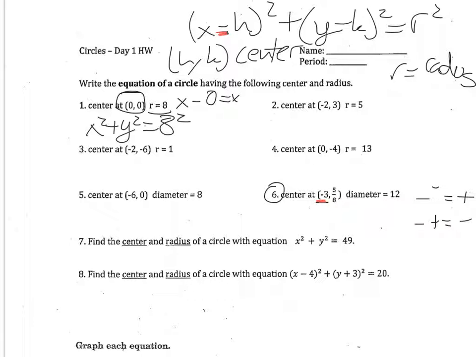So a negative 3 will go to x minus a negative 3, squared, plus y. And looking at this, it's a positive 5/8, so we have minus positive 5/8, squared, equals, and this one was really tricky.